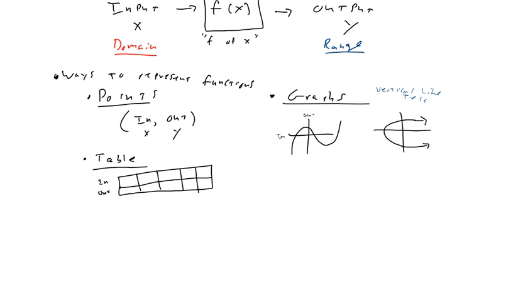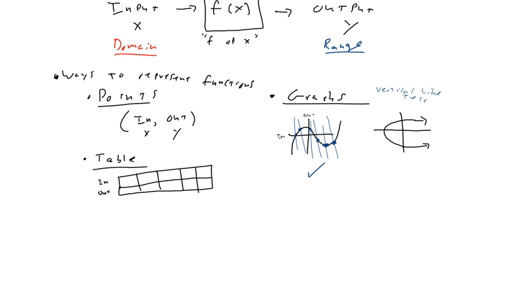For graphs, we scan across, and as long as our vertical line touches only one spot every time, that's okay, that's a function.